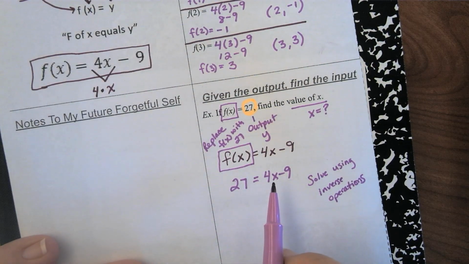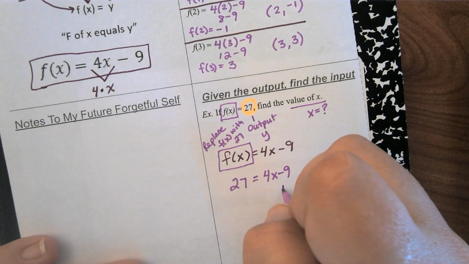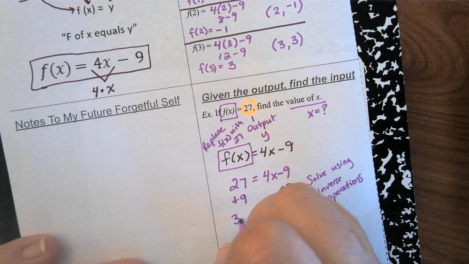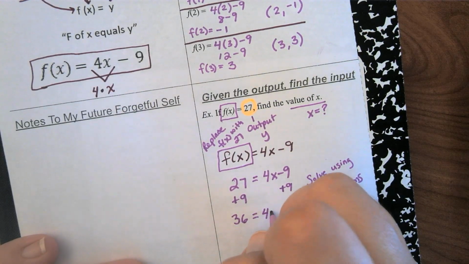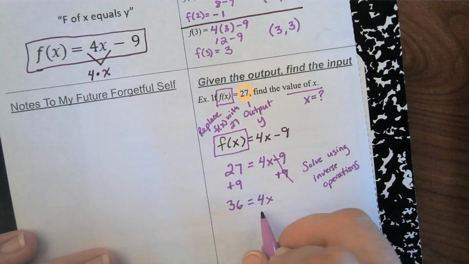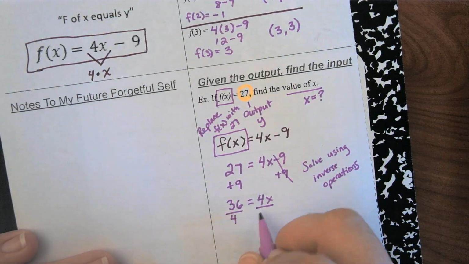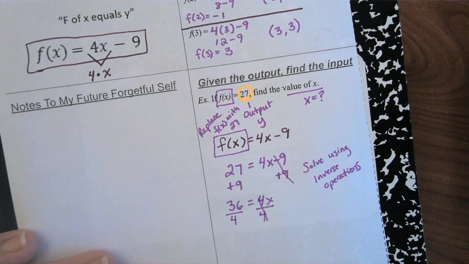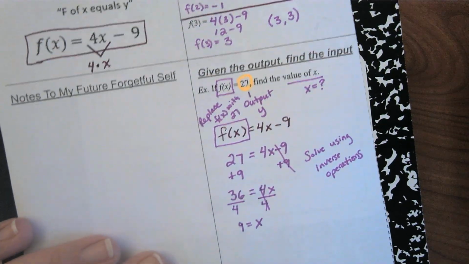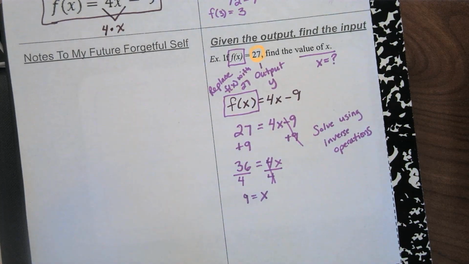If I want to solve for x, I'm going to add 9 to both sides. So I'm going to get 36 equals 4x. Then if I want just x by itself, I've got to divide by 4 on both sides. So 9 is equal to x, or x equals 9, however you want to say it or see it.